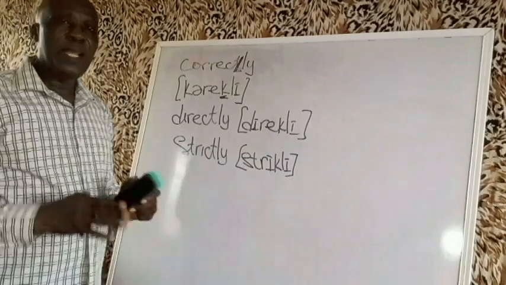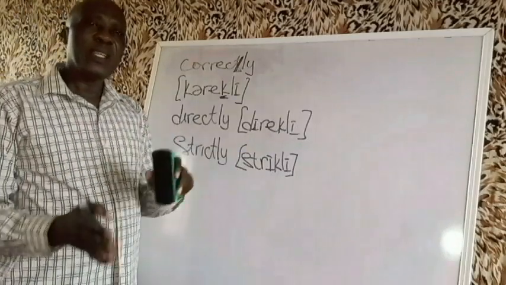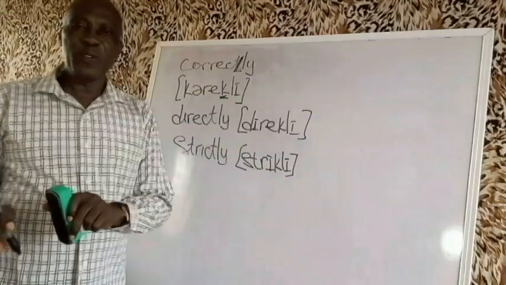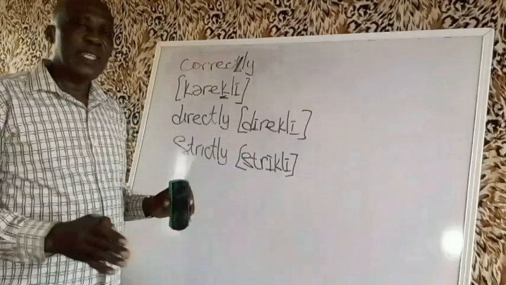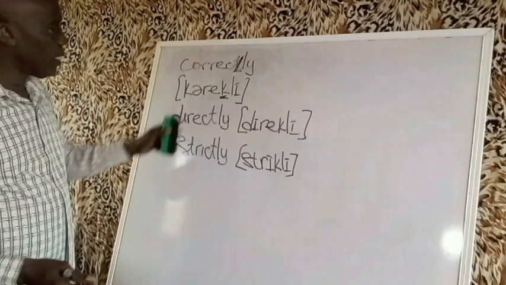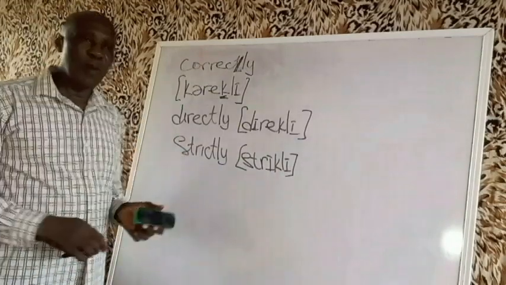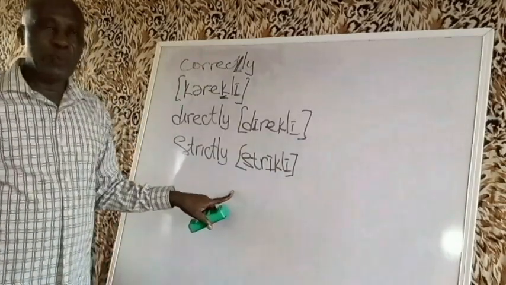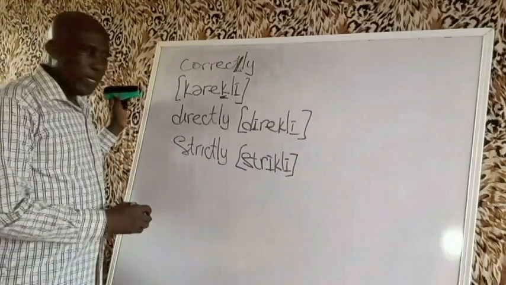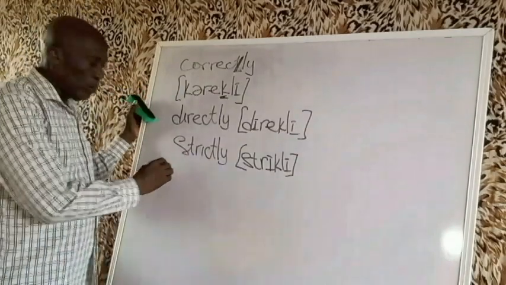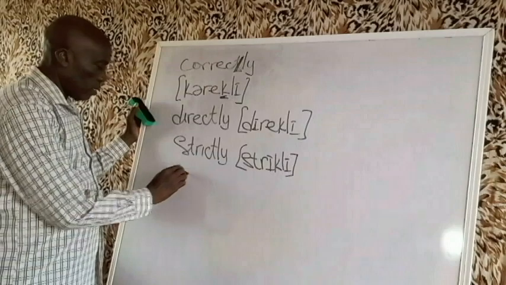That is where there is a clear distinction between the written form and the spoken form. In most cases, there are environments where the letters you find in the written form do not reflect when they are spoken orally. Let's look at another word, for example, exact.